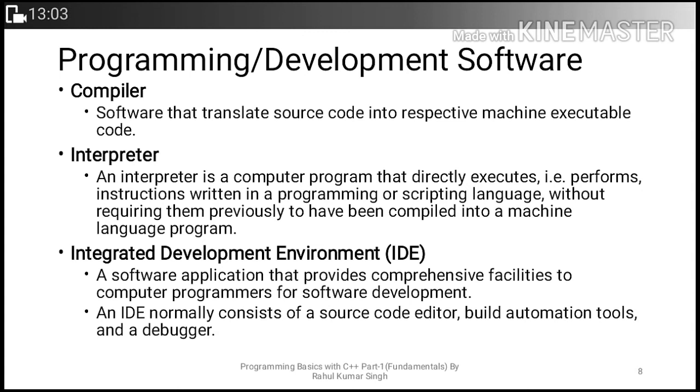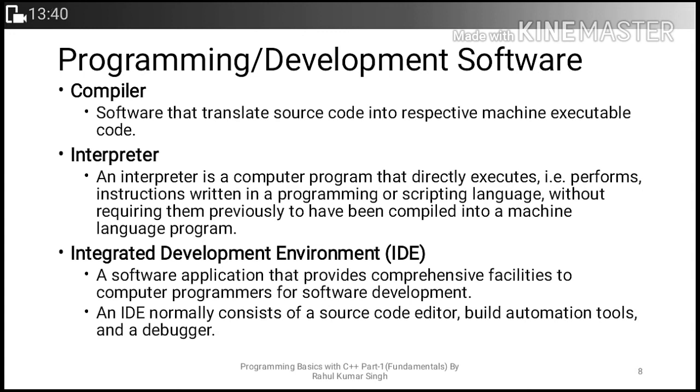Then integrated development environments. What is an integrated development environment? As the name suggests, it is a complete software which includes the entire development kit, such as code editors, source code editors, built-in automation tools, development tools, debuggers, compilers, interpreters, everything that is needed, included in one software.